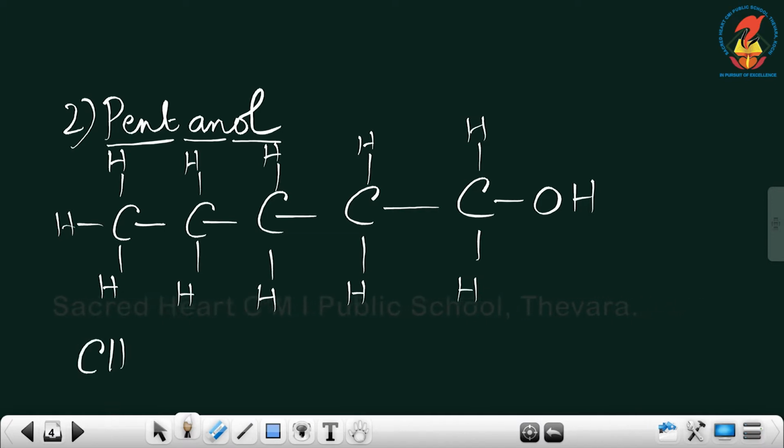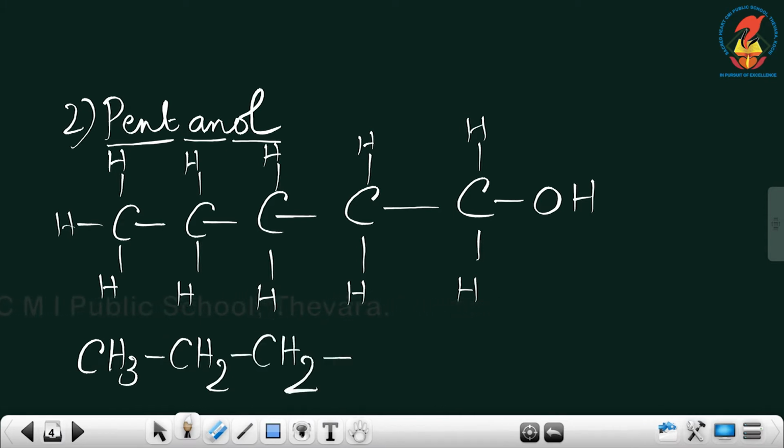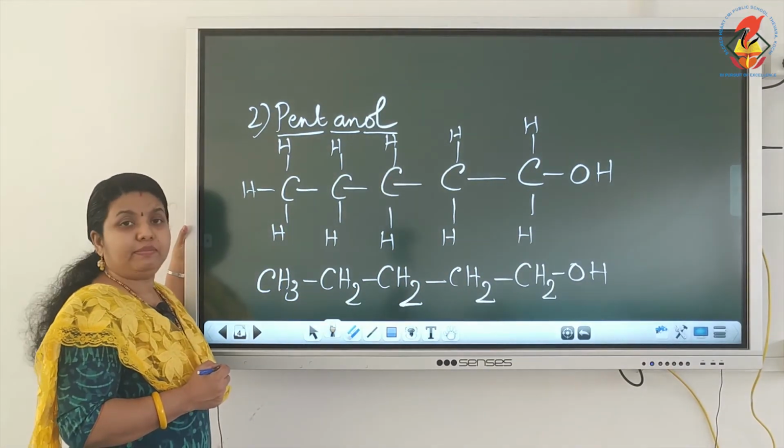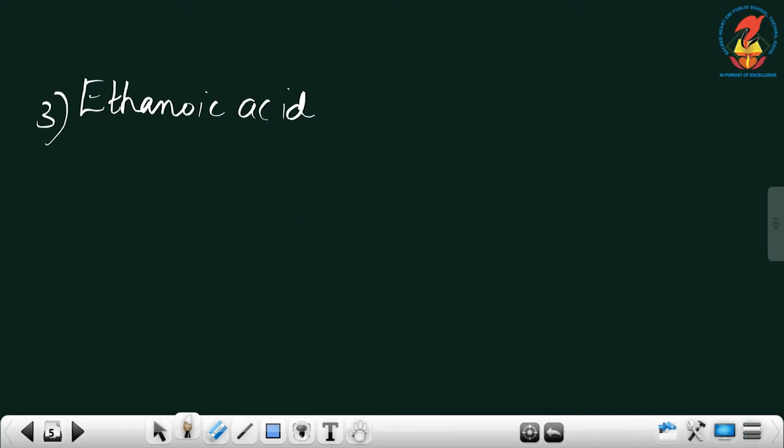First carbon CH3, second carbon has 2 hydrogens, CH2, third carbon also CH2, last carbon CH2OH. So this is pentanol, 5 carbon atoms with an alcoholic group.